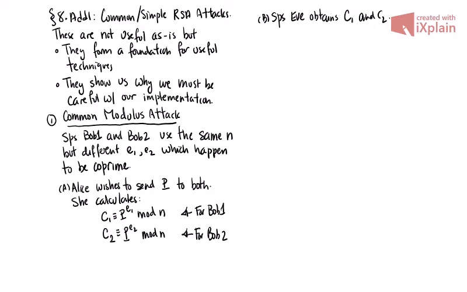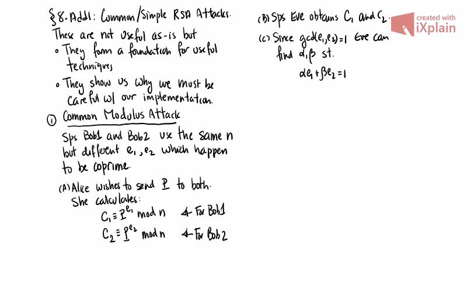Now here's the deal. Since the GCD of E1 and E2 is 1, they're coprime. We can write 1 as a linear combination of the 2. Let's say Eve, because she's doing it, can find alpha and beta such that alpha E1 plus beta E2 equals 1, property of the GCD.